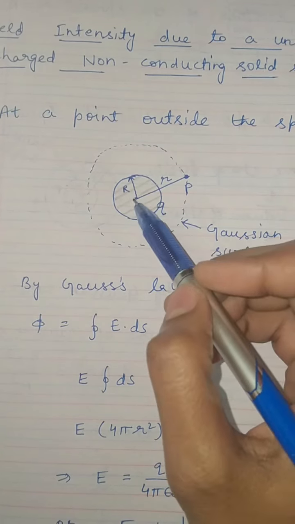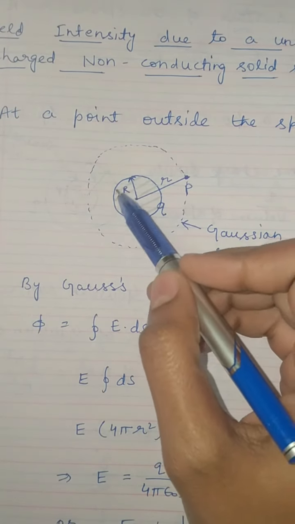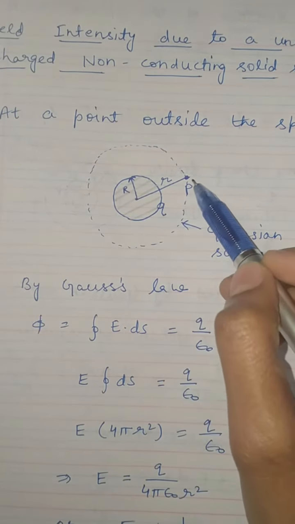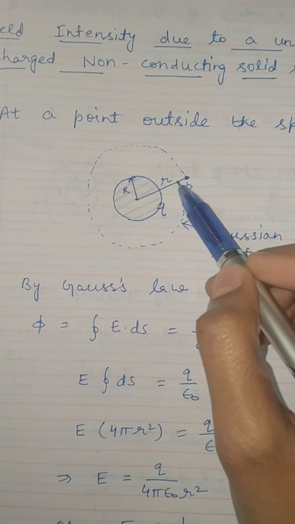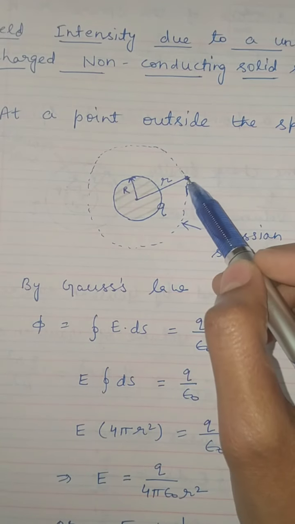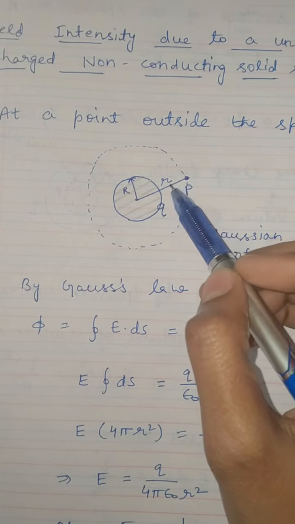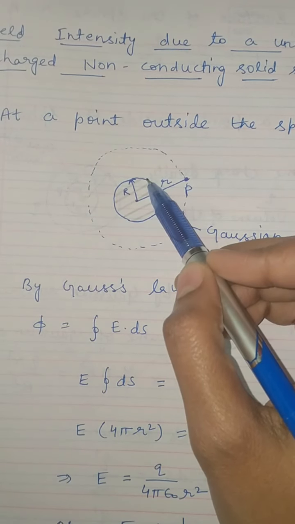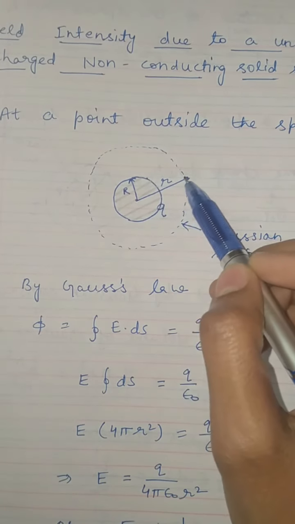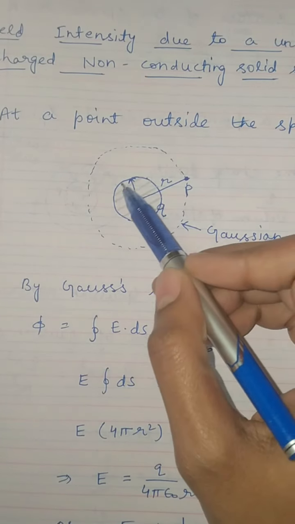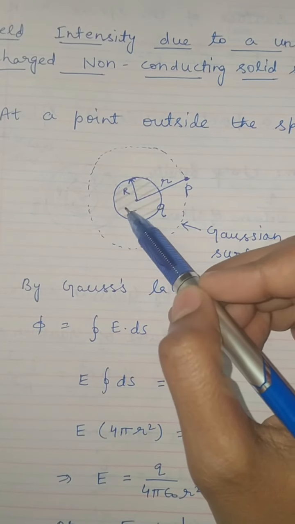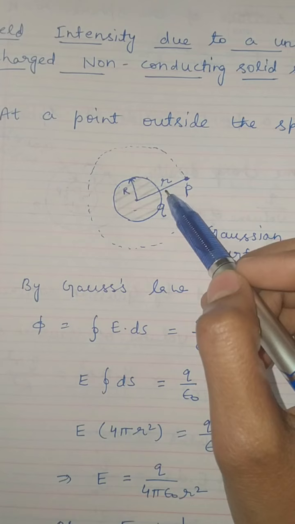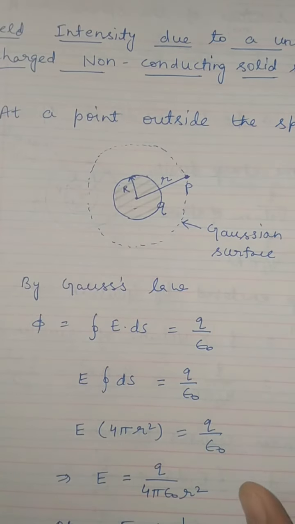So again, we can take our observation point P outside the sphere, or on the surface of this sphere, or inside this sphere. So again, there are 3 cases of this topic.